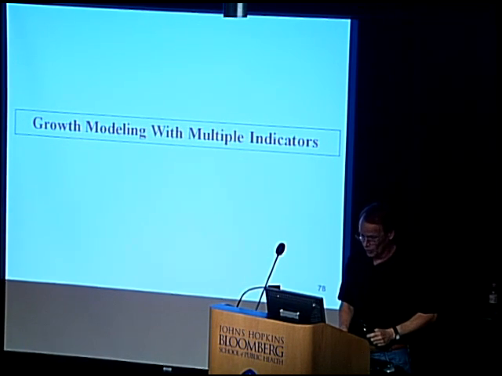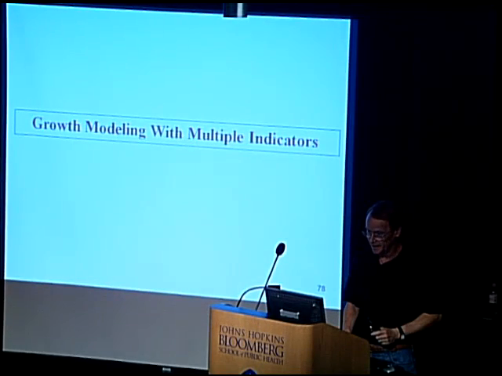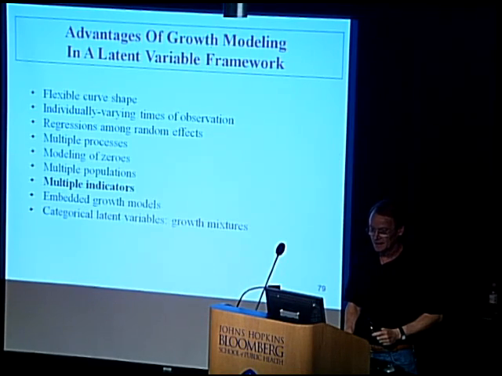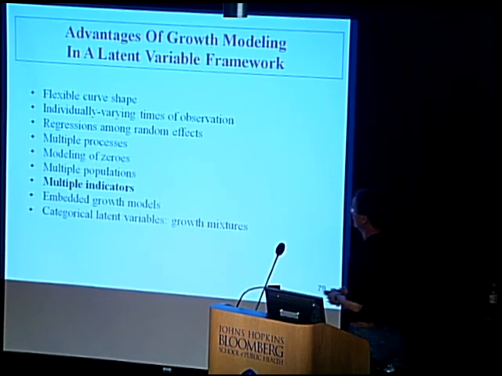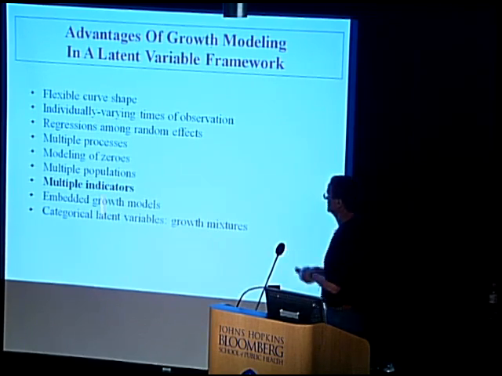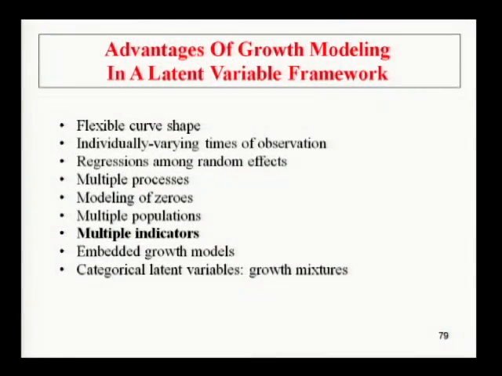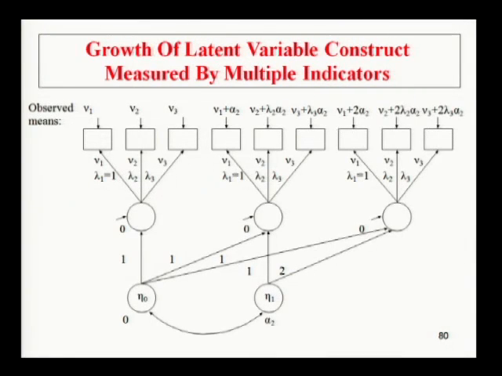All right. Multiple indicators. What are they, and how can you deal with them? We moved quite far down on our list here, folks. And here is a model of this kind.